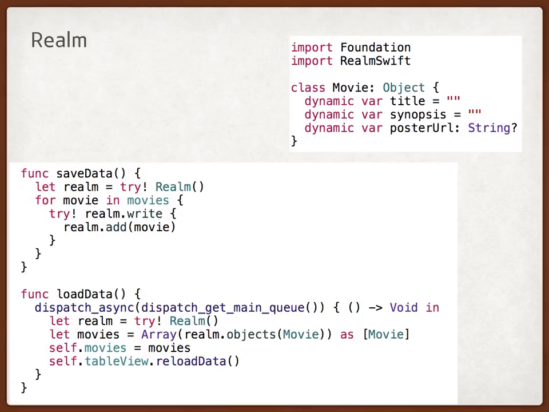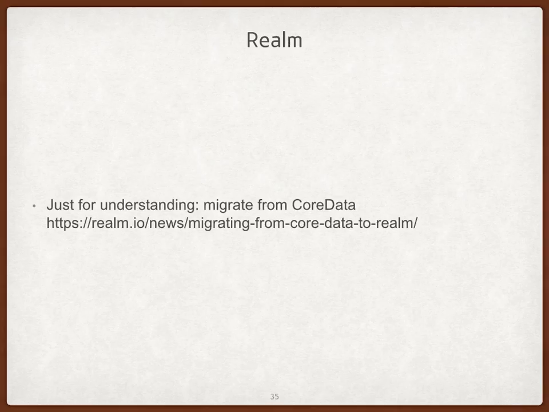You just quickly open it, and you can read whatever you saved in that file. They create a table nicely for you. And RAM has the option to migrate from Core Data. If you used Core Data before and you want to change to RAM, they have the option to migrate the model from Core Data into RAM.